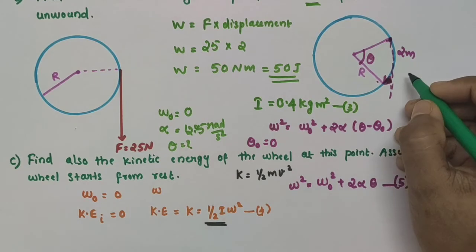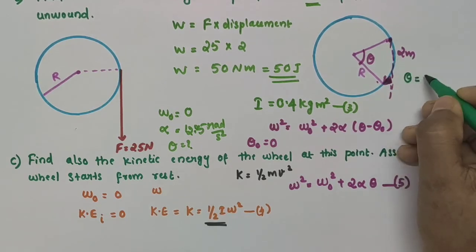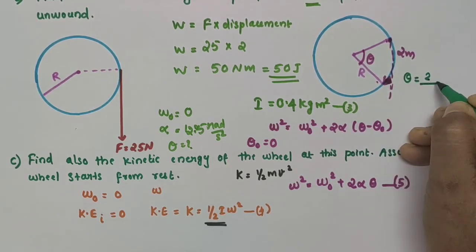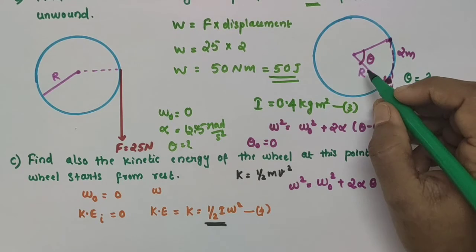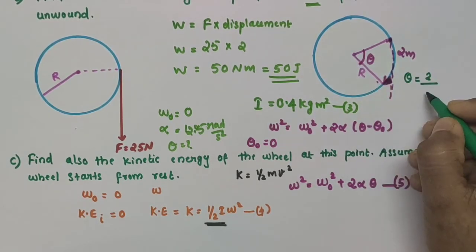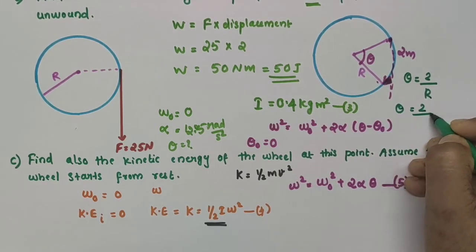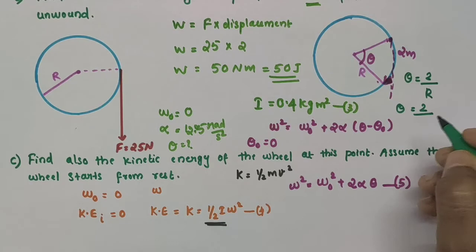Here we can write, using the expression angle is equal to arc by radius, theta is equal to the arc length, which can be approximated to this 2 meter, divided by the radius. Radius is here r. So theta is equal to 2 divided by r. R is actually 20 centimeter, no?